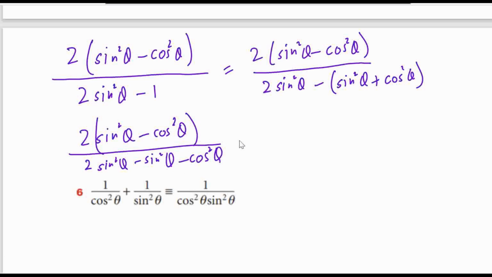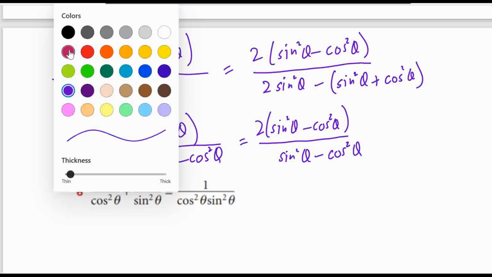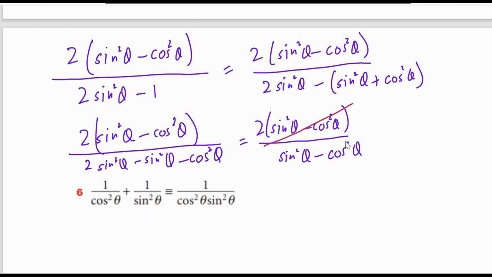Now this will become 2 sine square theta minus cos square theta whole divided by sine square theta minus cos square theta. Now we can cancel out these two, this one with this one. So this will be 2, which is the right hand side. This will be the final answer.